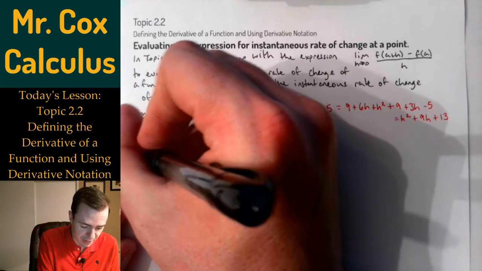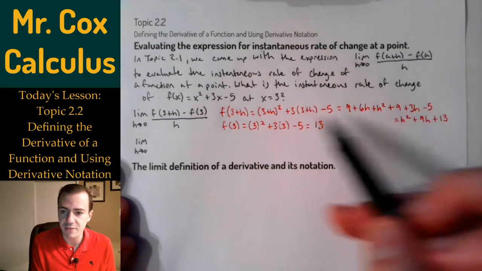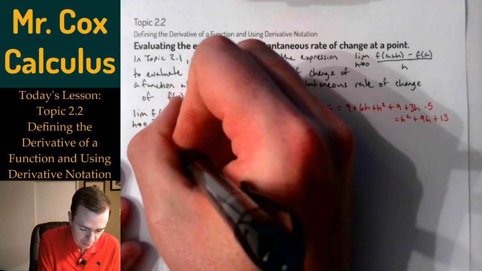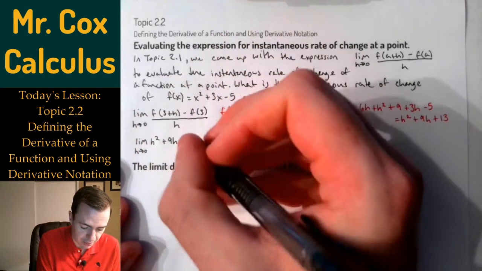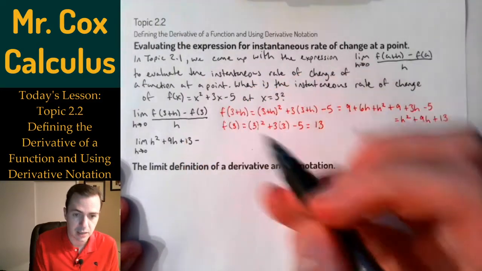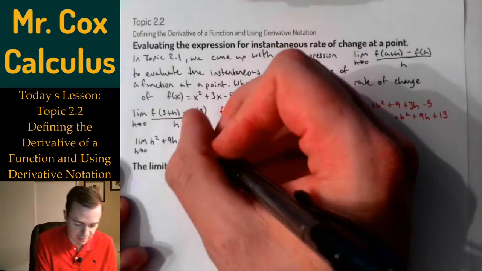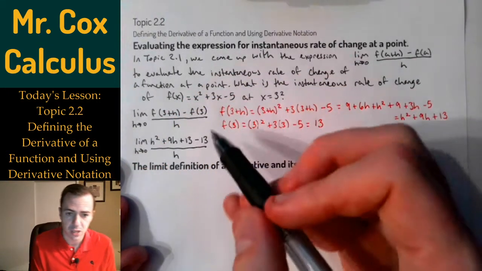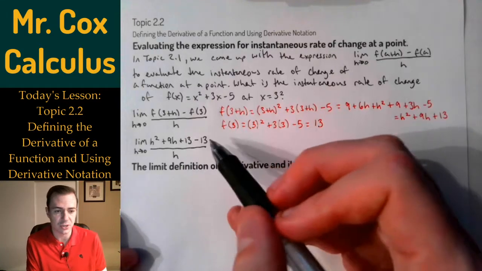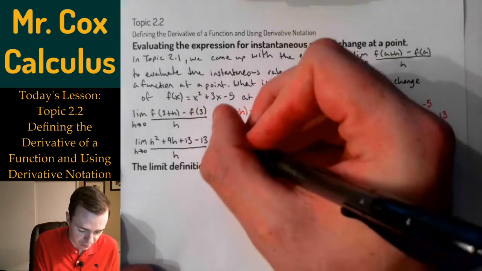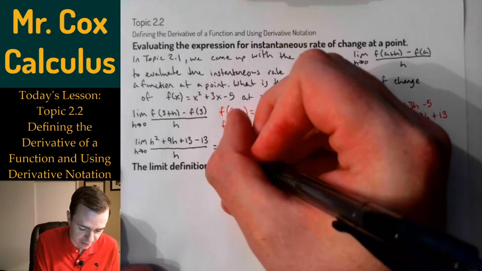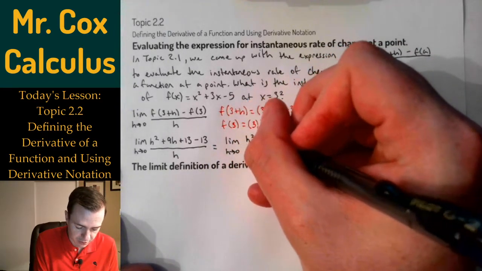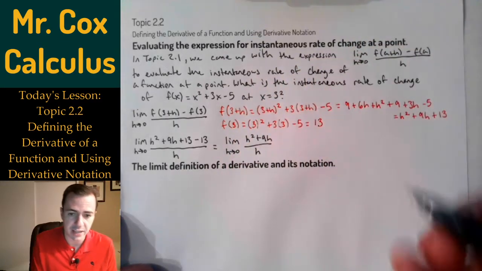So I've got the limit as h approaches 0 of f of 3 plus h, which we said was h squared plus 9h plus 13, minus f of 3, which was 13, all over h. Looking at the numerator, I've got plus 13 and minus 13, so if I cancel those out, this is the limit as h approaches 0 of h squared plus 9h over h.